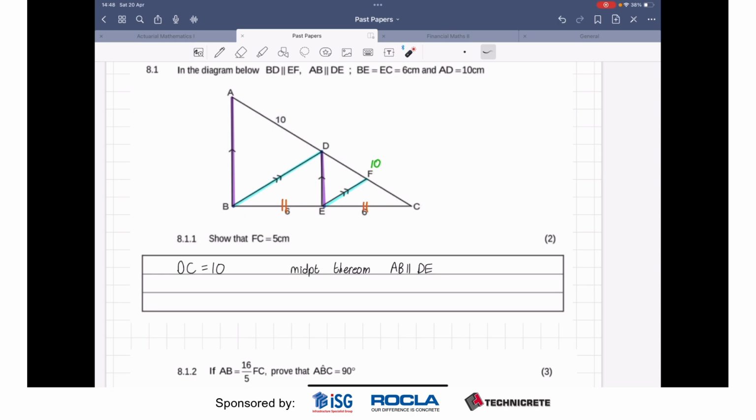And if F is this midpoint, then this side of F is 5, and this side of F is 5, because the total length of DC was 10. And this one is BD being parallel to EF.